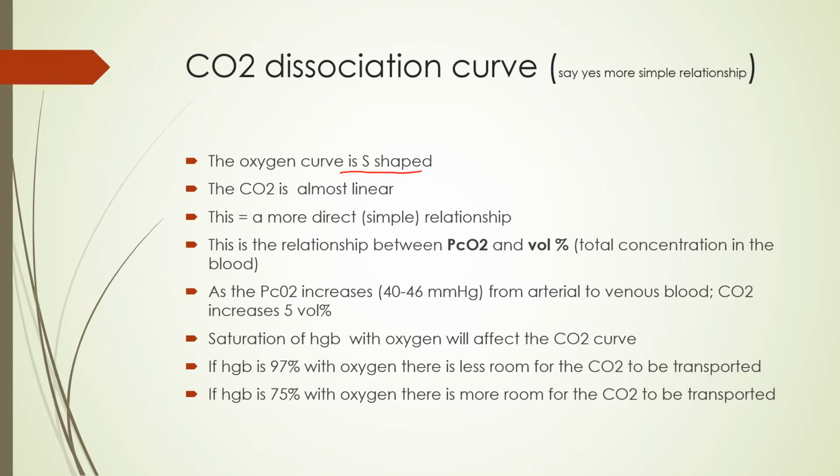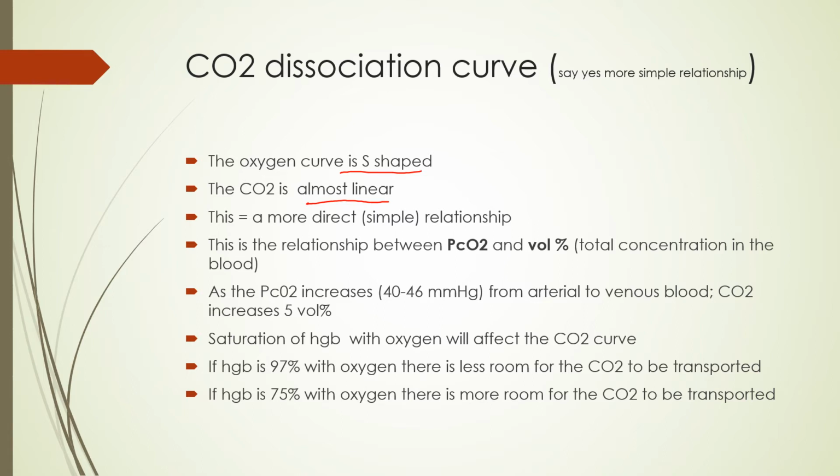Well, since we have 6 ways of carrying CO2 in our bloodstream compared to just 2, this is going to be almost linear, and I have some graphs to show you. This is more of a straightforward relationship because it's not all 100% on the hemoglobin. Remember, most of the CO2 that gets taken to your lungs is in the form of bicarb in the red blood cell, and you still have bicarb in the plasma that takes care of some of this as well.